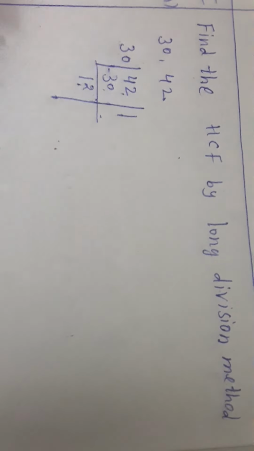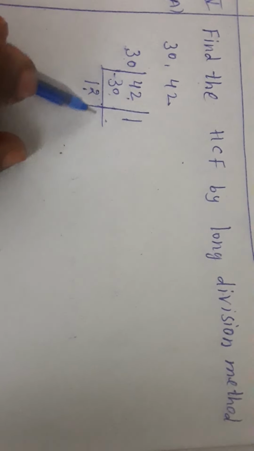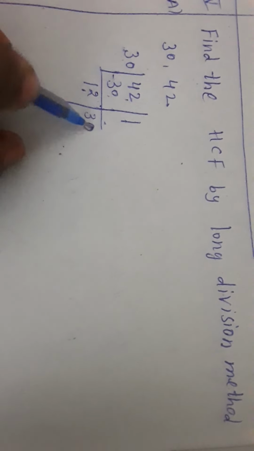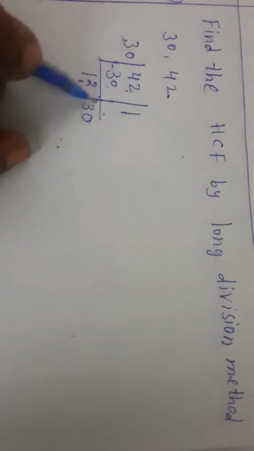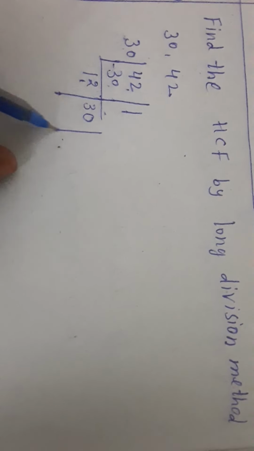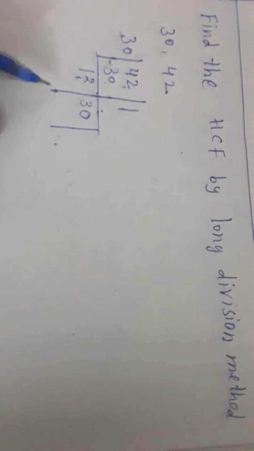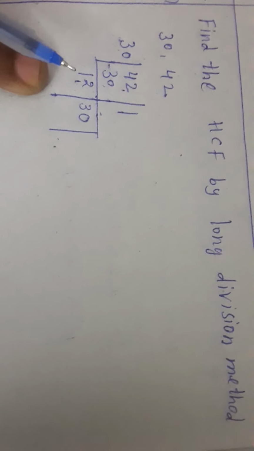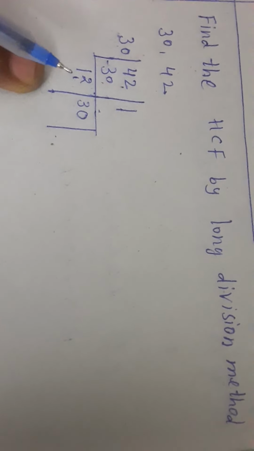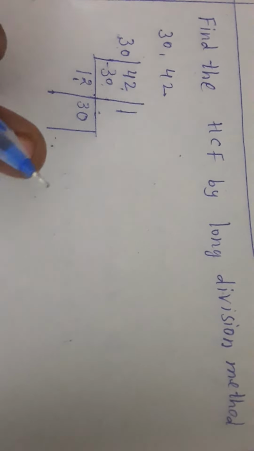So now take the first divisor 30 and divide by 12. Read the 12 table to get 30. 12 ones are 12, 12 twos are 24, 12 threes are 36. 36 is more than 30, no?